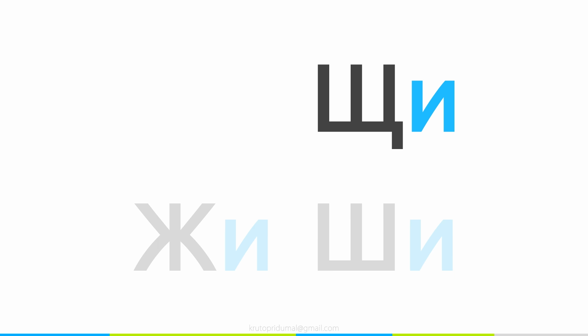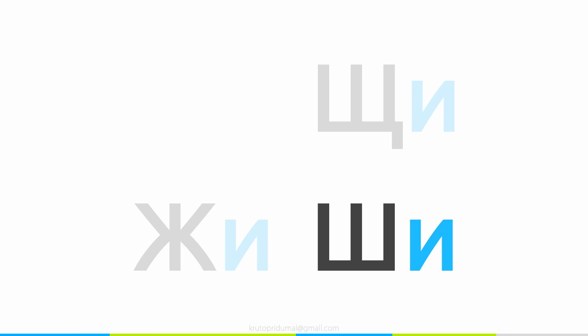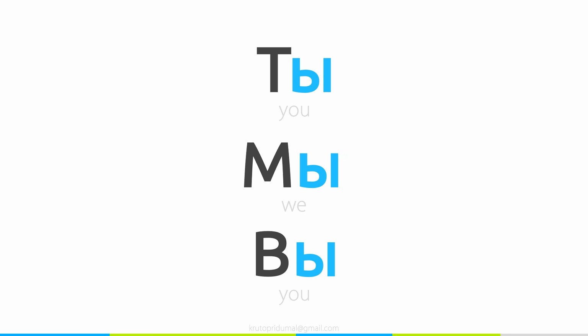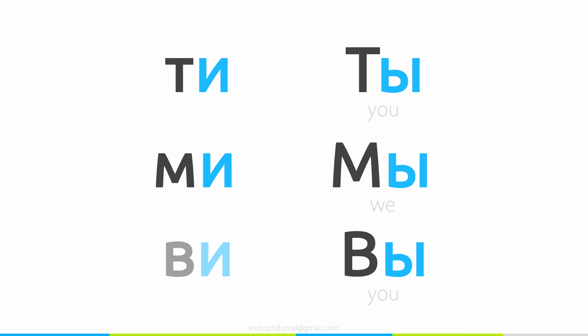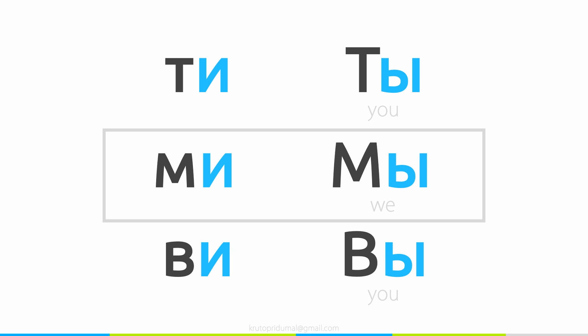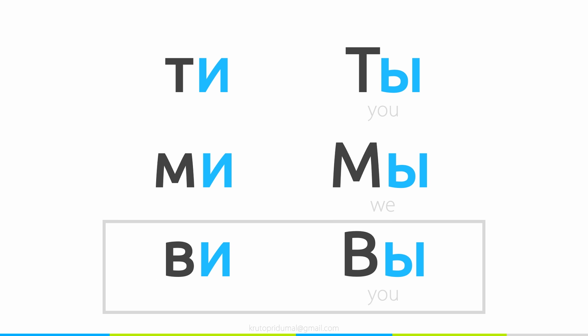We don't want to do that. Try to get into a lower tone. Now you just put this sound next to other consonants and you will get ты, мы, вы. Let's compare И to ти, ми, ви, ты, мы, вы.